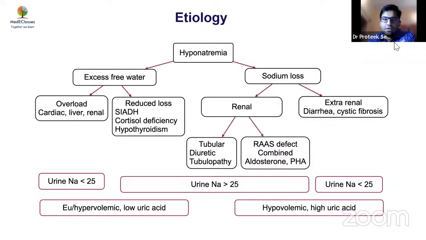But where there is actual euvolemia, urinary sodium might be high, as in actual SIADH or cortisol deficiency or hypothyroidism, or actual renal loss of sodium where urinary sodium is more than 25. So urinary sodium makes an extremely important investigation in these conditions. Uric acid also is an important test to see whether hypovolemia is there. So low uric acid means there is enough volume, maybe euvolemia or hypervolemia. High uric acid means there is hypovolemia.